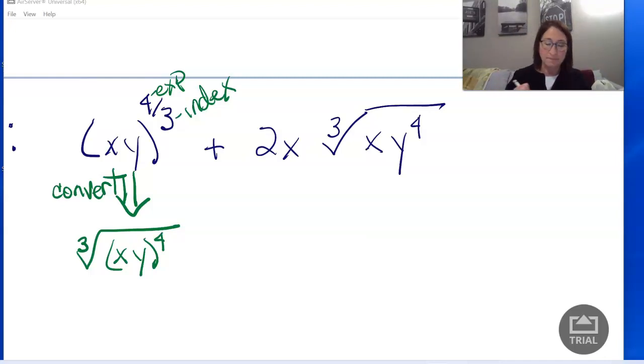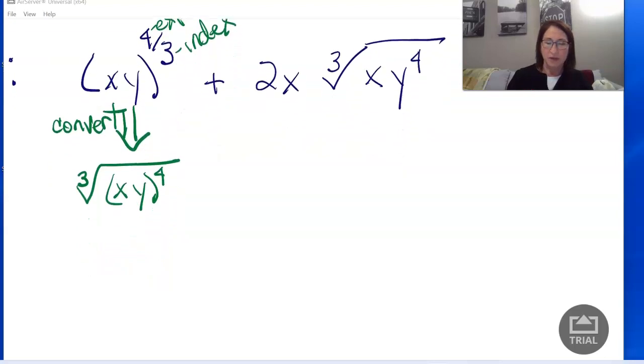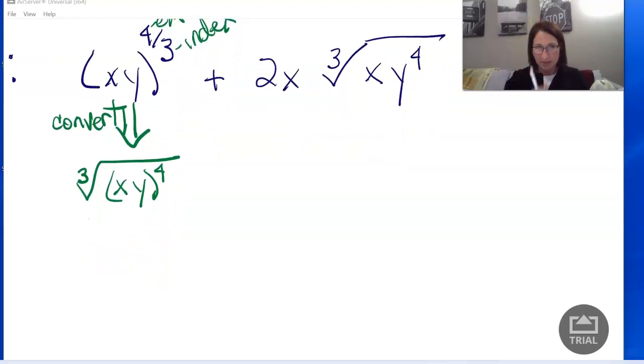Now I'm going to keep working down here. I see that my exponent is larger than my index. So I'm going to rework my base.